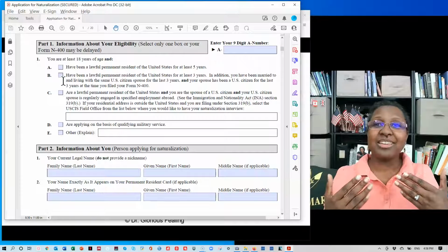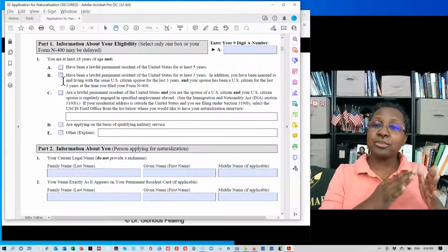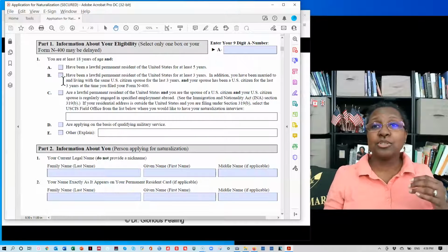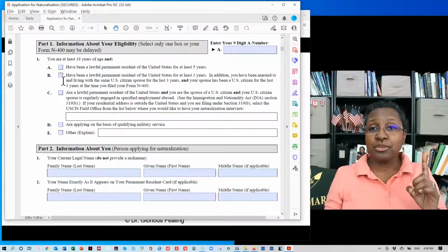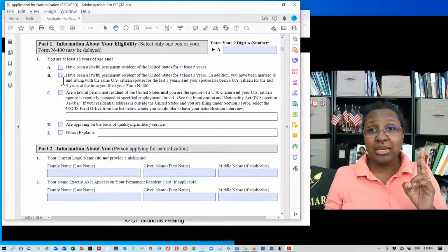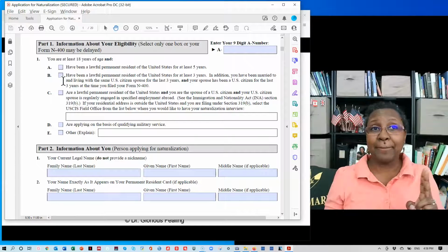So here we are in November of 2021. 3 years ago would be November of 2018. So the person you're married to was a U.S. citizen in 2018. You were married in 2018 or earlier, 2017, 2016.